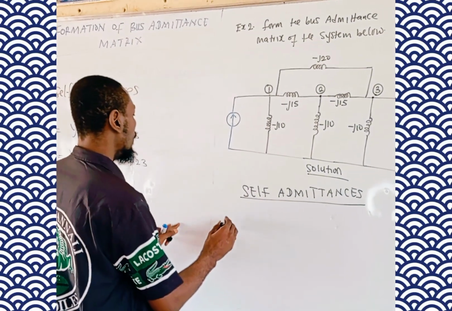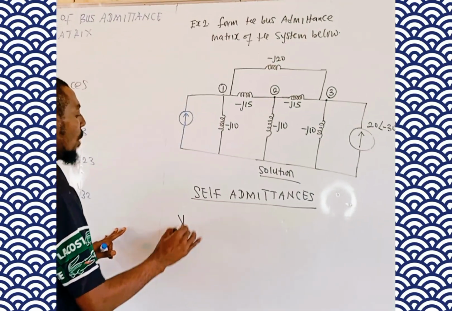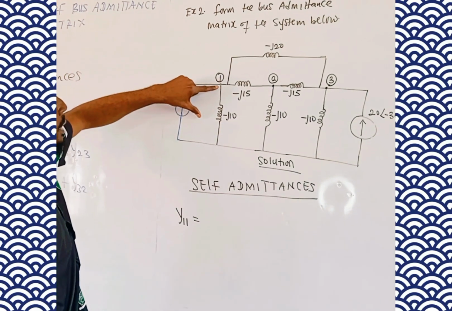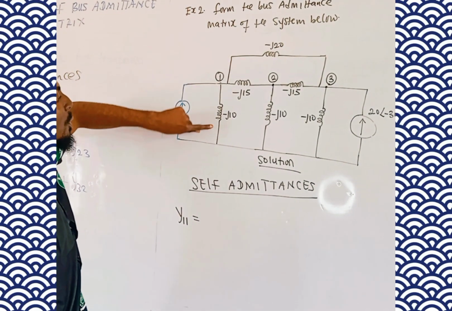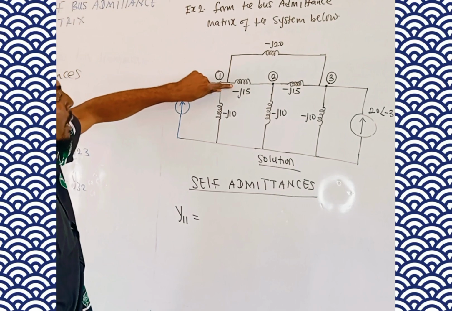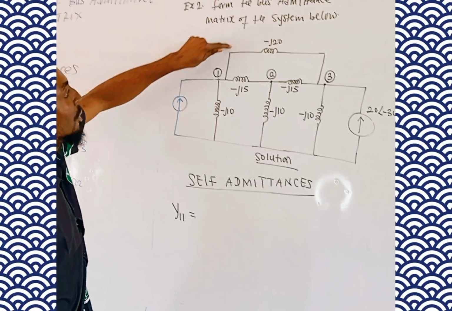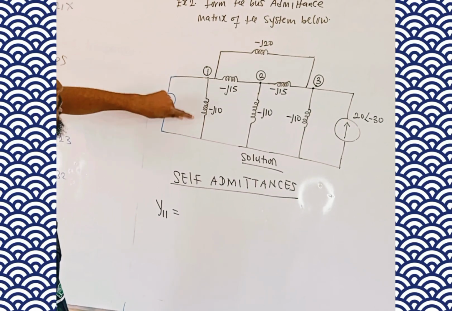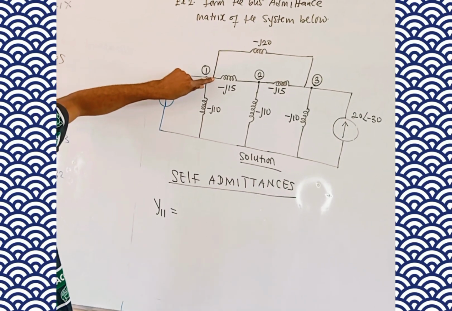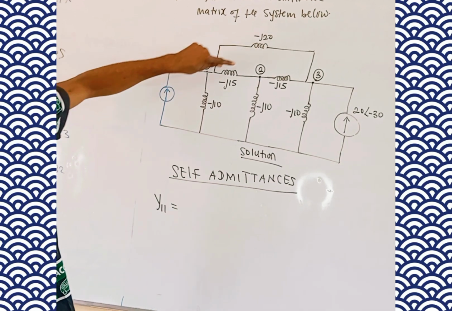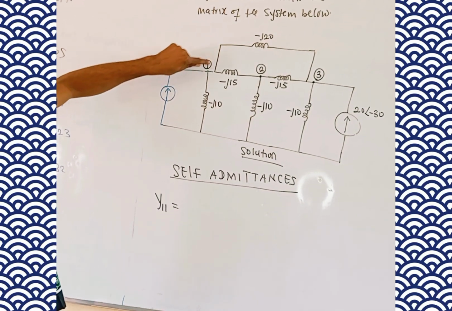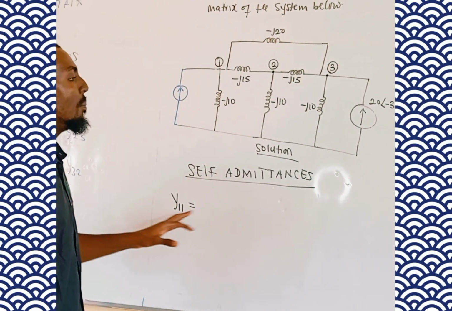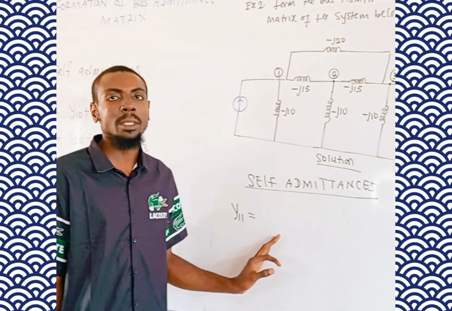So we have the self-admittance Y11, which is equal to the sum of the admittances connected to bus 1. As you can see, minus J10 is there, minus J15 is there, and minus J20. Minus J20, minus J15, and minus J10 are connected to the same node, so they are the basis of the self-admittance.